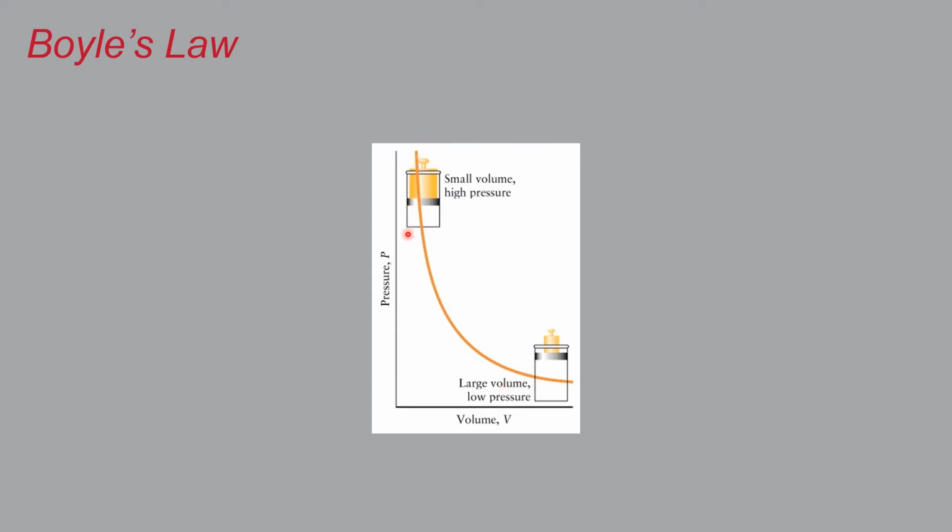So it went down. So this is called an inverse relationship. So that when the pressure is high, the volume is small. And when the pressure is low, the volume is larger. So again, mathematically, this is called an inverse relationship.